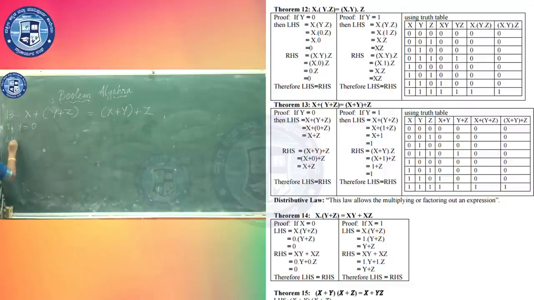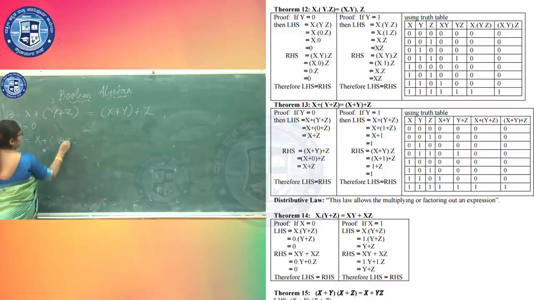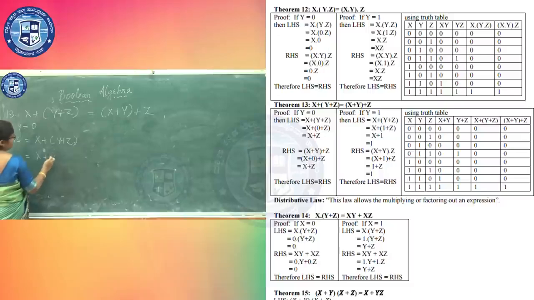Let us take the LHS, x plus y plus z. x plus y value is 0, the bracket is important there, 0 plus z. So 0 or z, if I am saying or, any one is there, then the condition is satisfied. Then it is x plus 0 plus z is z. So this is the resultant of the LHS.